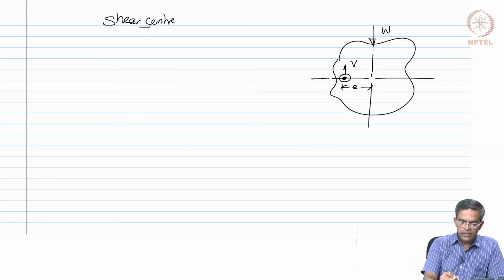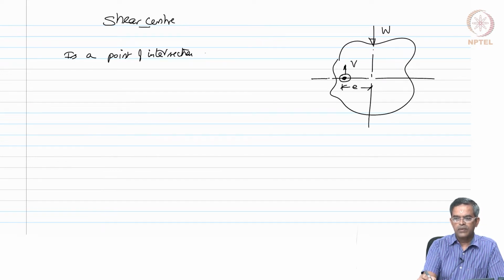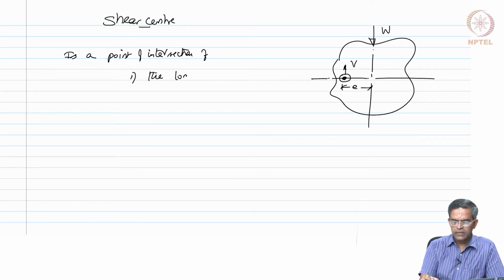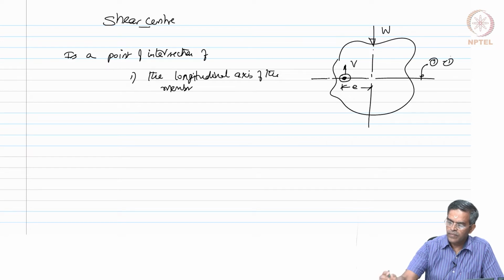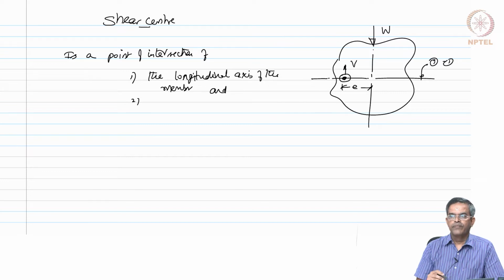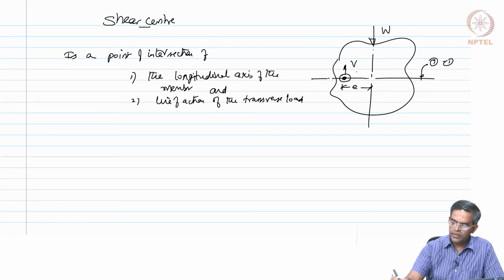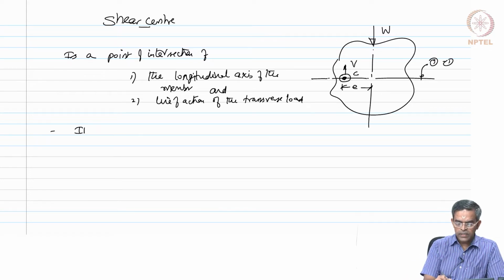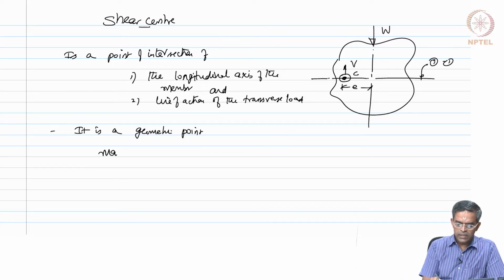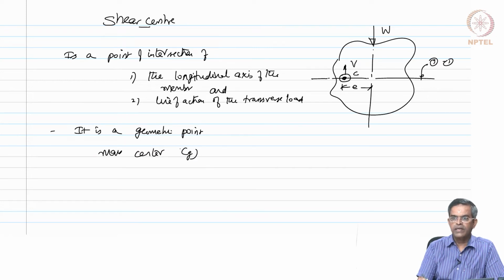Therefore, friends, shear center is a point of intersection of the longitudinal axis of the member, that is this axis, and the line of action of the transverse load, which is point C. So, friends, shear center is a geometric point, whereas mass center is identified as CG.